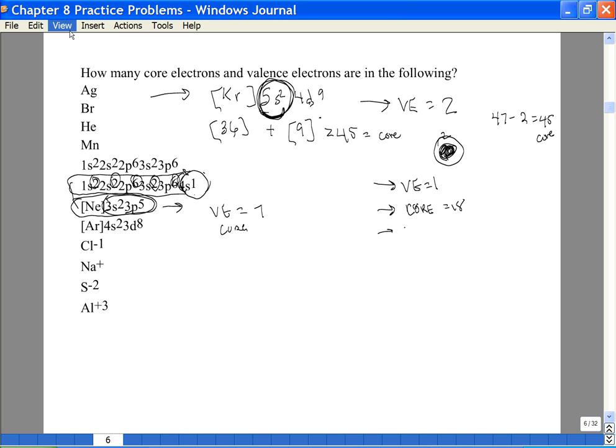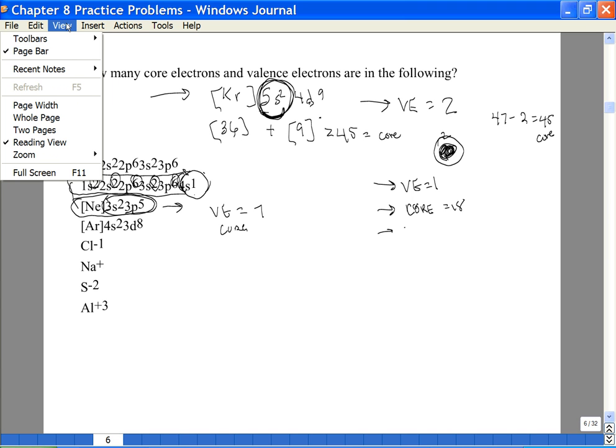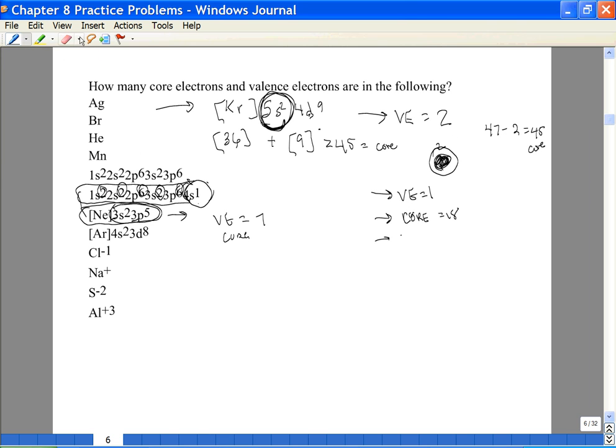The core electrons we get by looking at the neon on the periodic table, seeing that it has 10 electrons in it.